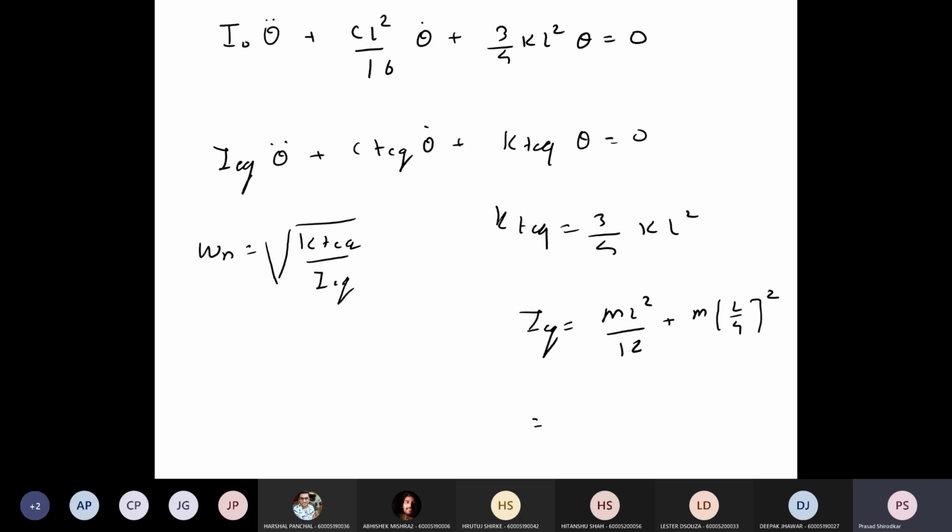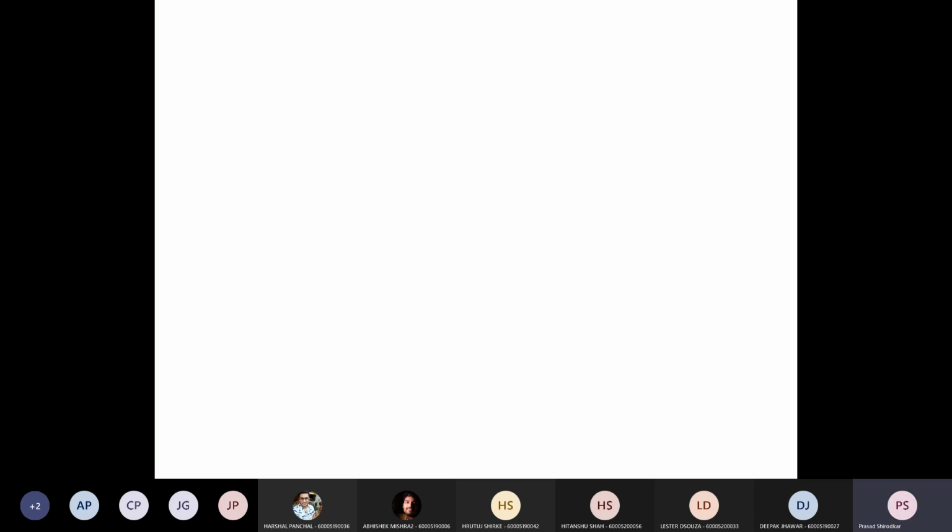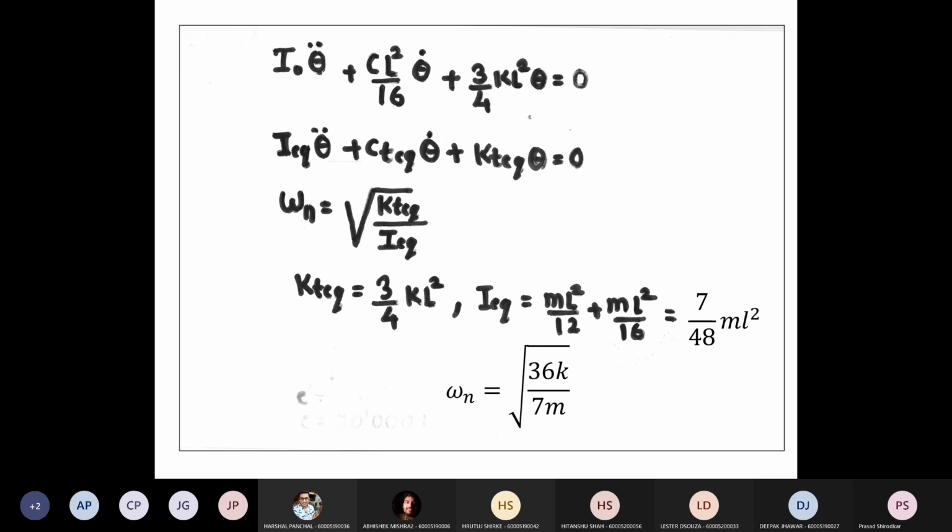So I equivalent comes out to be 7 by 48 ML square. Alright, so substitute all this I equivalent and K equivalent in this omega n equation, and you get omega n is equal to square root of 36 k by 7m.